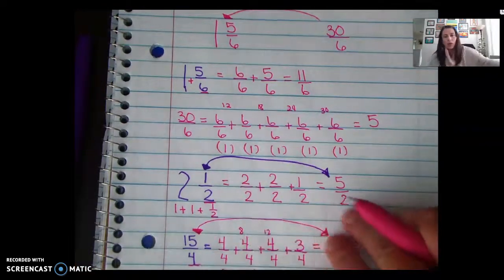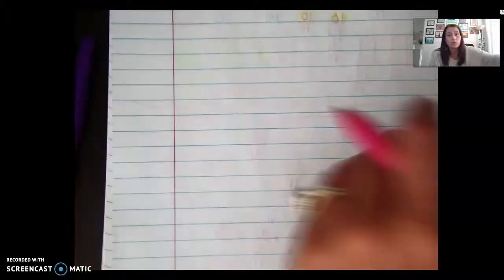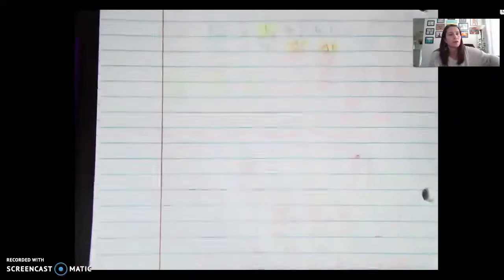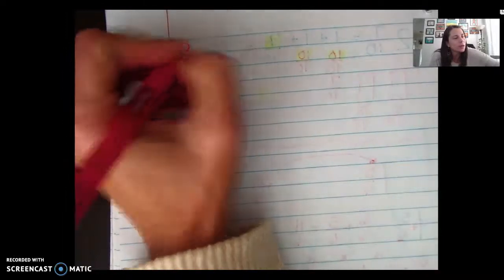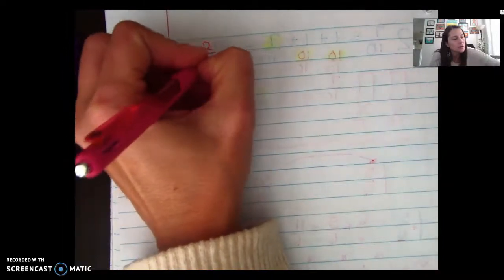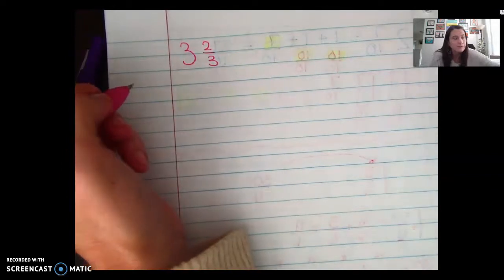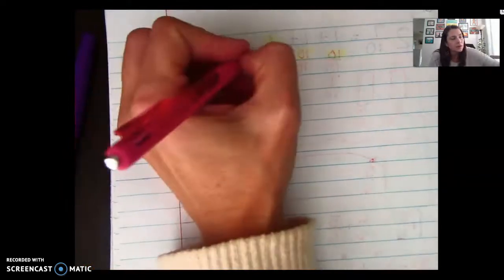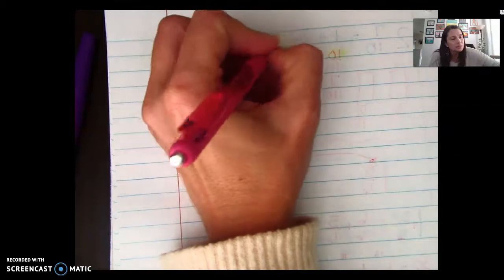Okay, so I'm going to give you a problem, and you're going to tell me if these equal the same. Okay? So I have 3 2/3. So I want to know, is this the same?